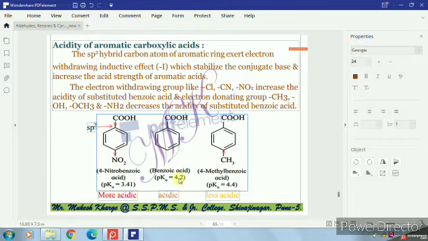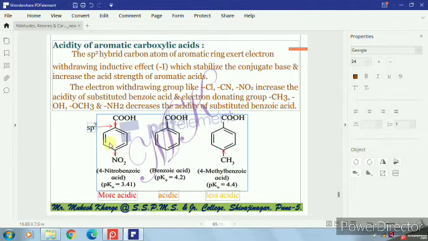So benzoic acid is more acidic than your acetic acid. But if you check different groups attached to your benzene ring, and what is the effect of those groups on the acidic nature of benzoic acid: if we attach an NO2 group at the para position, exactly opposite to the COOH group, and check the resonating structure, this NO2 group is electron withdrawing.